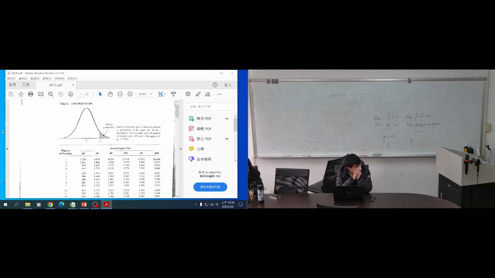You all remember? N. Now N is 50, right? Then is there anything else we have to consider in order to know the degrees of freedom? Minus 1. Yes, minus 1.